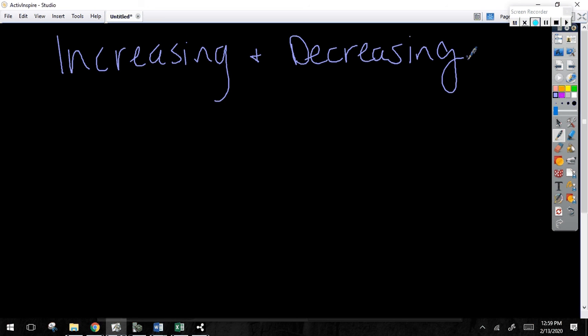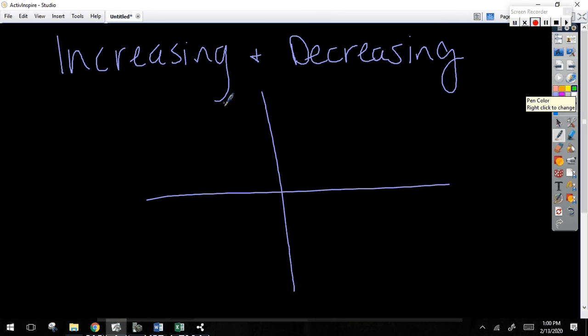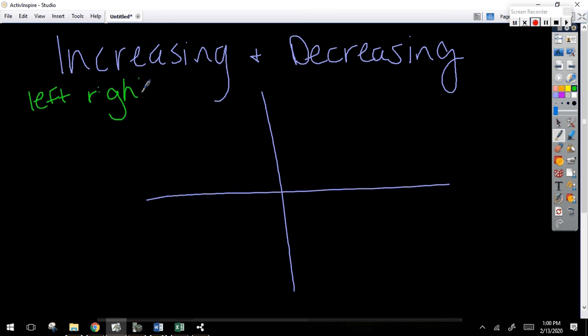All right, so you will tell me over what intervals the function is increasing and over what intervals the function is decreasing. So let me show you an easy example first. Increasing basically means as you move left to right, the graph goes up.